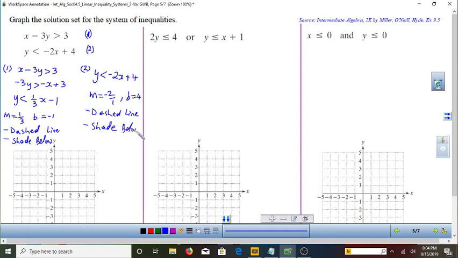So for the first line, let's see how we do that one. I start at -1, then I go up 1 over to the right 3, or I go down 1 over to the left 3. And then I'm going to draw a line to that. Let me use green for this one here.